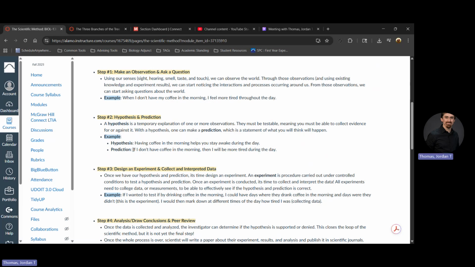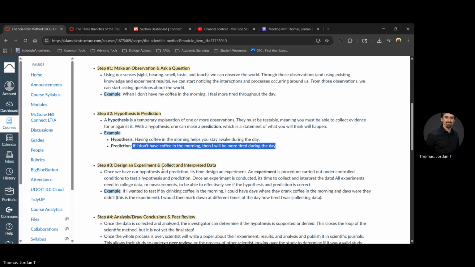And my prediction based off that is if I don't have coffee in the morning, then I would feel more tired during the day. So notice how my hypothesis is an explanation. It's a testable temporary explanation. Coffee helps me stay awake during the day. My prediction is a statement of what will happen. If I don't have coffee in the morning, I'll be more tired.